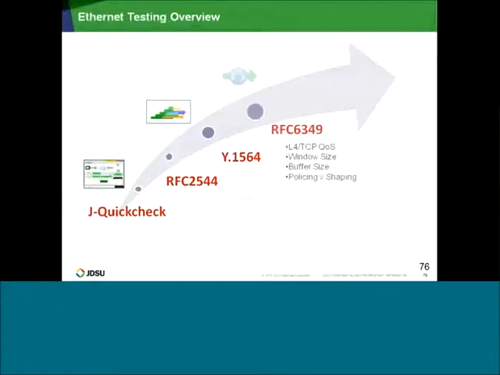Now, finally, RFC 6349, the Layer 4 TCP QoS. What does it verify for you? TCP window size, buffer size, and of course, policing versus shaping. Policing is simply when you decide to just drop traffic when it goes over a certain amount.